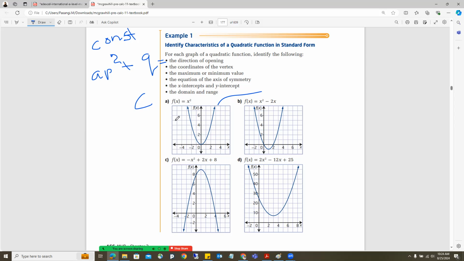They have given us the standard form equation, and then they ask us to comment on these features: the direction of opening, coordinates of the vertex, maximum or minimum value, equation of the axis of symmetry, x-intercepts and y-intercepts, and at last they have asked us to comment on the domain and the range as well. Do the first one and the last one, this one and the fourth one. I'll give some more time now.